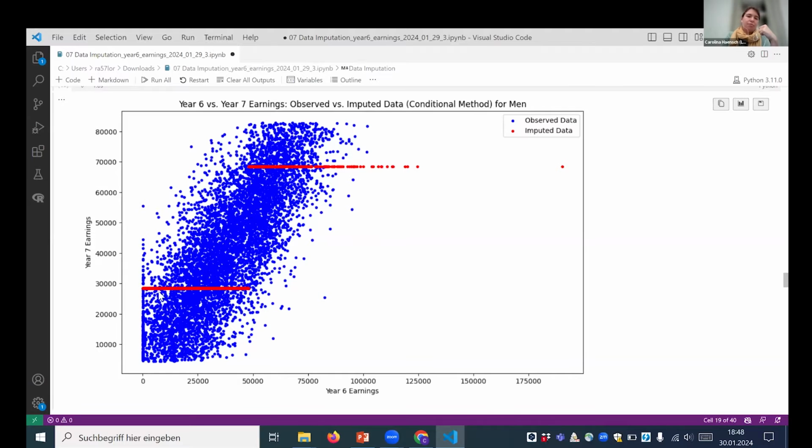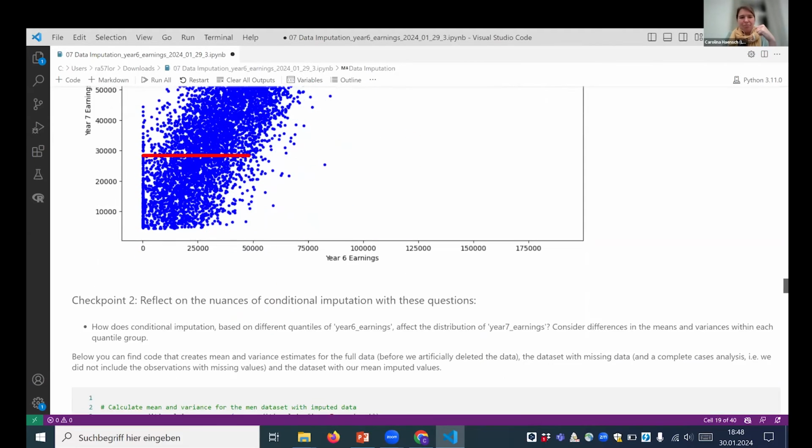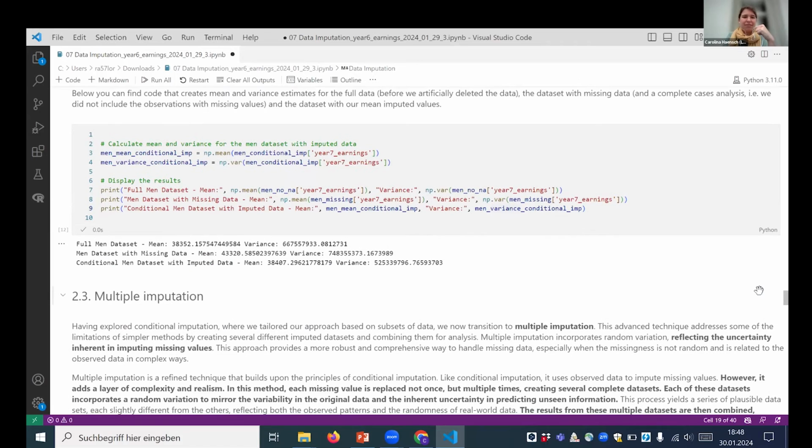So of course, these imputed values are a little bit more similar to the distribution of the values before deletion. But still, yeah, pretty horrible. We can take a short look at the mean and variance estimates again.